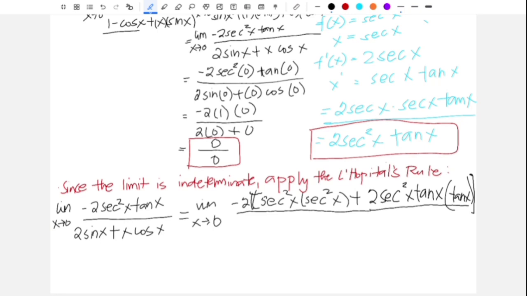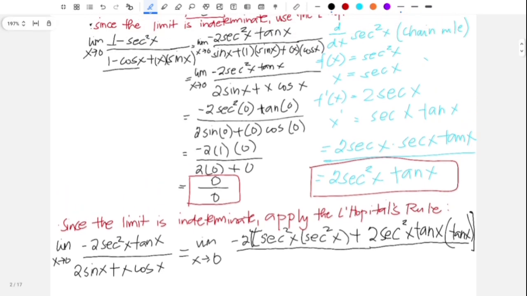Now we have the derivative of our numerator. Can you still follow? Let us review it again. For our numerator, we derive the secant x squared tangent x. We use the product rule here. Our f of x is secant x squared, and our g of x is tangent x. First, f of x multiplied by the derivative of our g of x, which is tangent x.